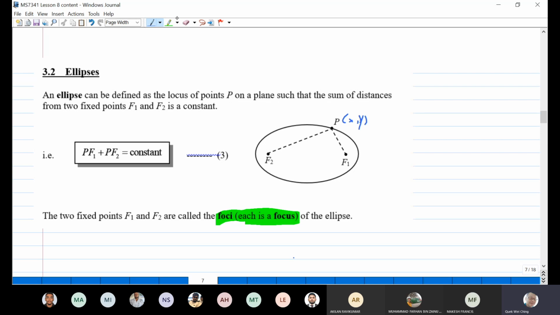That means that if you find the length of PF1 and PF2 and add them together, it is a fixed number, a constant. That means that if I move P around, let's say P is here now, then you join PF1 with PF2.